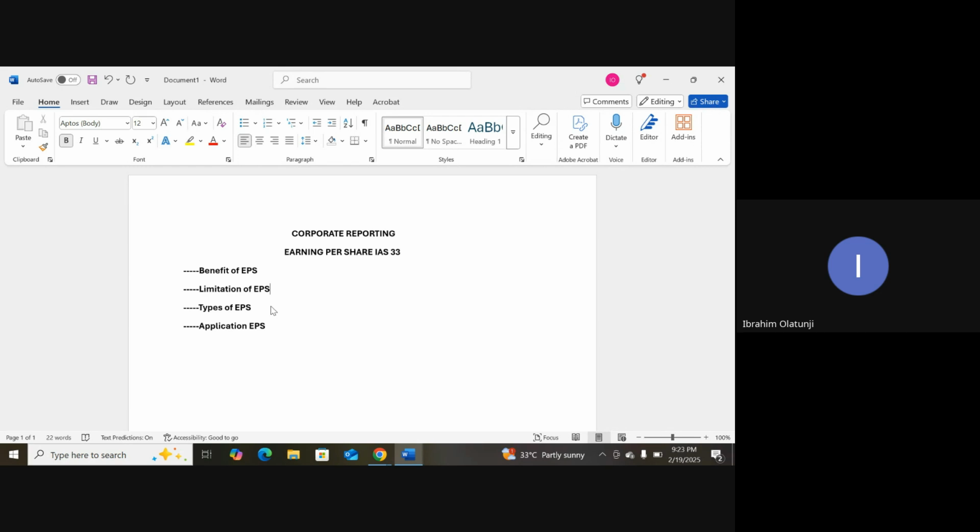Earning per share is only applicable to companies that are listed or quoted on the stock market. So you have to take note of that.